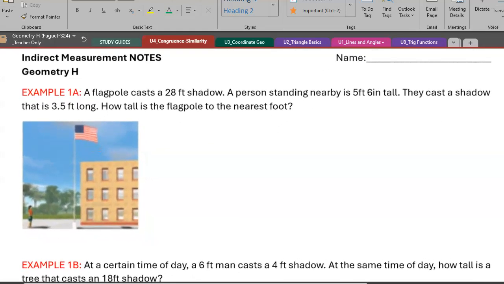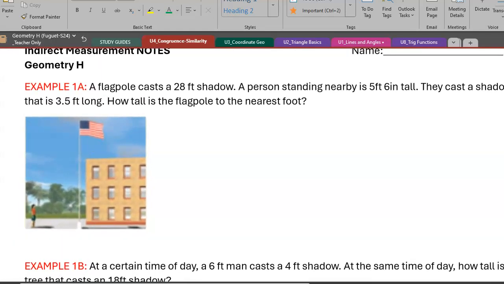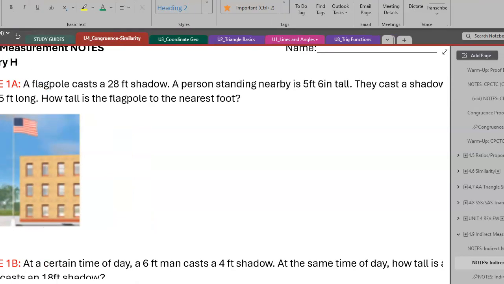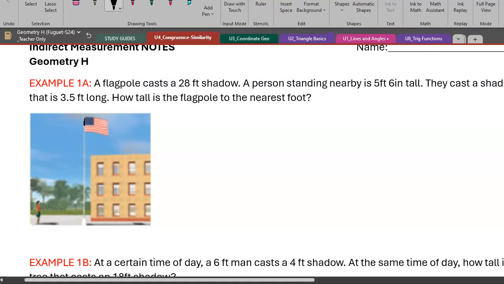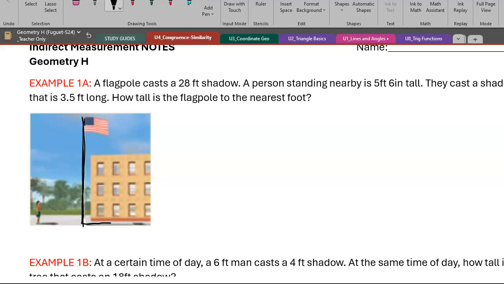In this first example, a flagpole is casting a shadow, and a person nearby is also casting a shadow. What do we need to do in this situation, and why is this true? We have our flagpole here casting a shadow, and the person standing over here also casts a shadow. These create 2 triangles, and they're similar to one another.